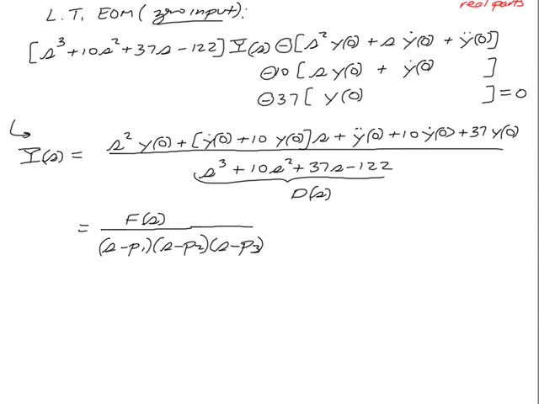So, we know we have distinct roots. One is real, the other two are complex conjugates. So I just write them down as a1 divided by s minus p1, plus a2 divided by s minus p2, plus a3 divided by s minus p3.